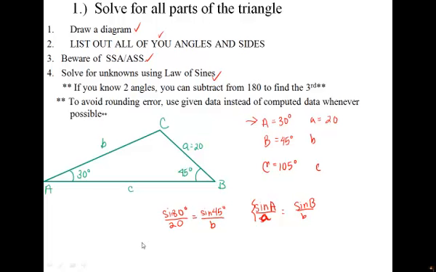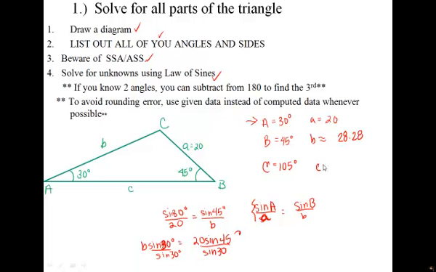When I solve for this, I will set up that the cross multiples have to be equal. So here we go. Cross multiply and divide. When we do this on our calculator, I get approximately 28.28.